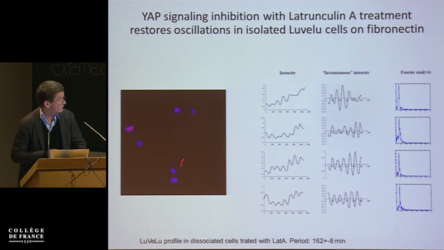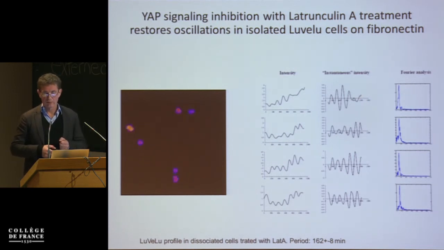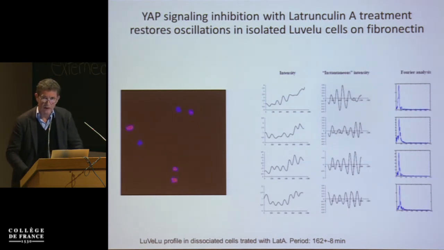That suggests that a high level of YAP signaling is able to block the oscillations. And in fact, the way you could ensure that this behavior is linked to YAP signaling is by infecting these cells with a lentivirus that expresses a dominant activated form of YAP. And that completely blocks the oscillations in this context.